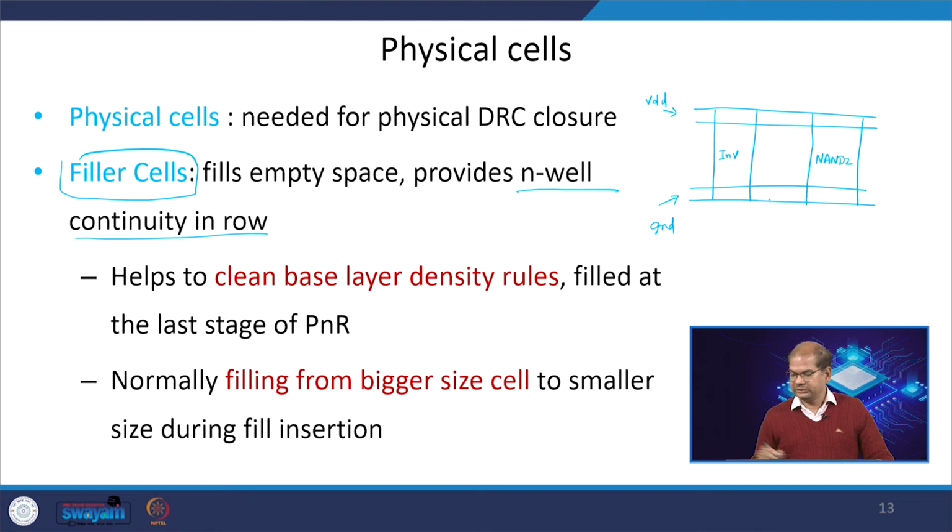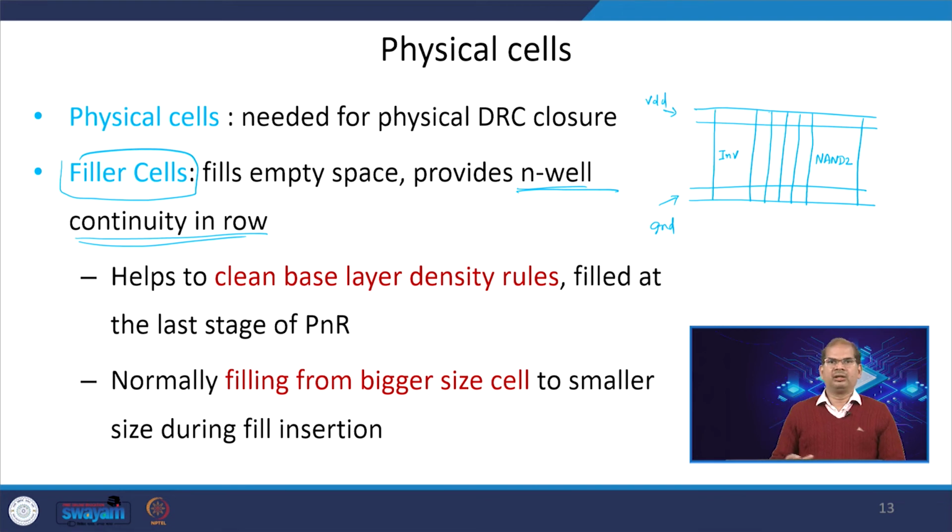Then if there is no cell in between, your n well continuity is lost. To make the n well continuity and also the power grid continuity, you have to put filler cells here like this. This filler cell has no transistor inside it, it is only used to create a continuous n well and continuous power grid, and this is useful for cleaning DRC errors.